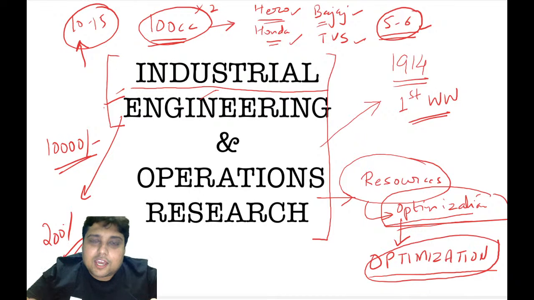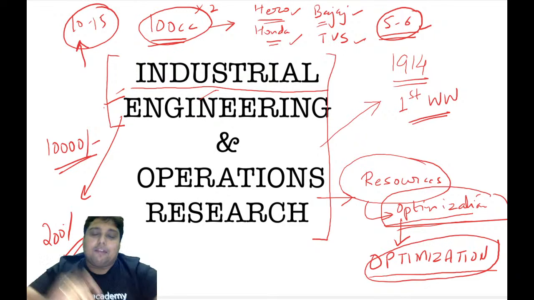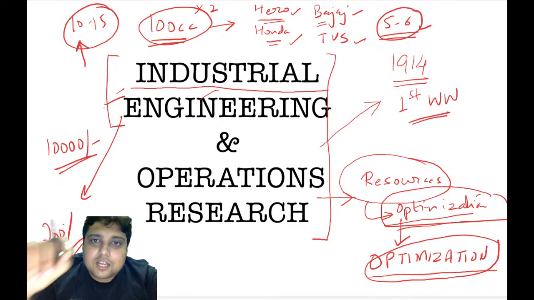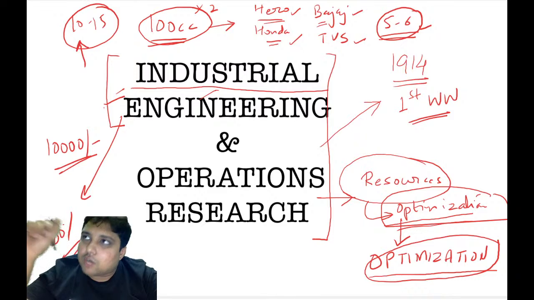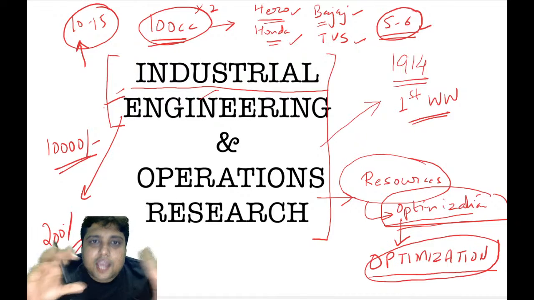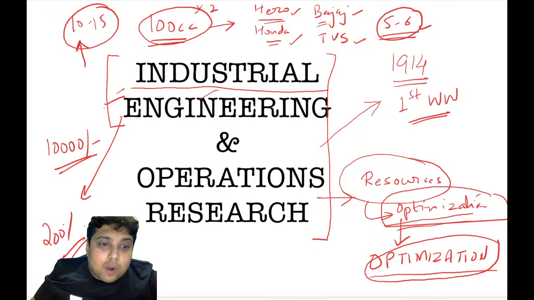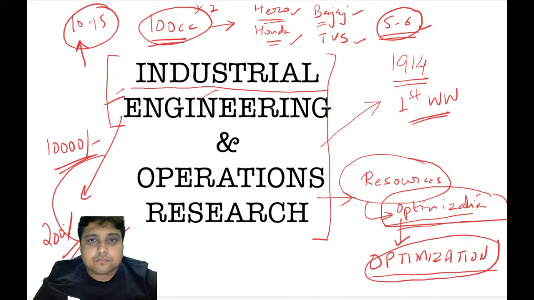What I am trying to say here is, in the entire process of mobile making to selling the mobile phone, the manufacturer has to go through different operations. First, they have to make the mobile phone, they have to transport the mobile phone, they have to sell the mobile phone, they have to service the mobile phone. In this entire process, they have to make sure that they are 200% efficient.